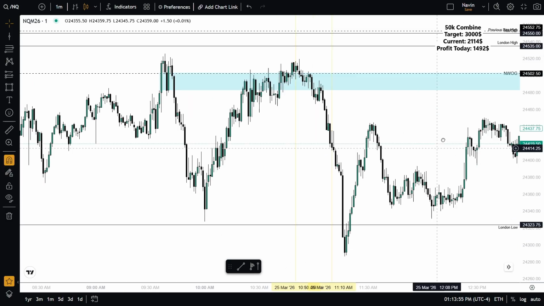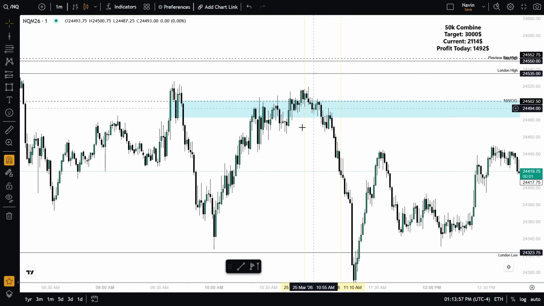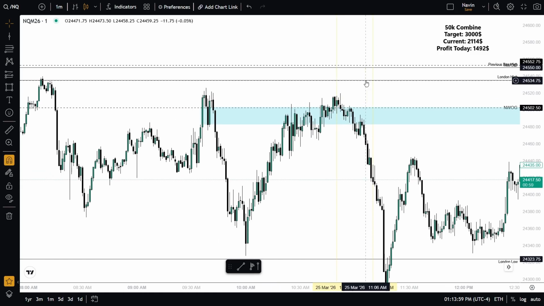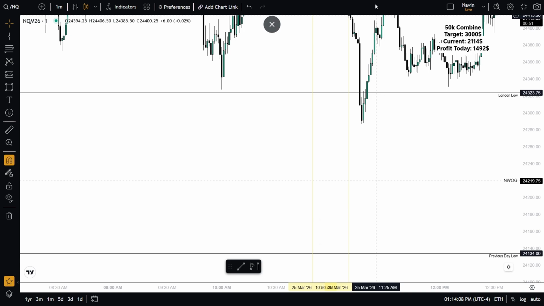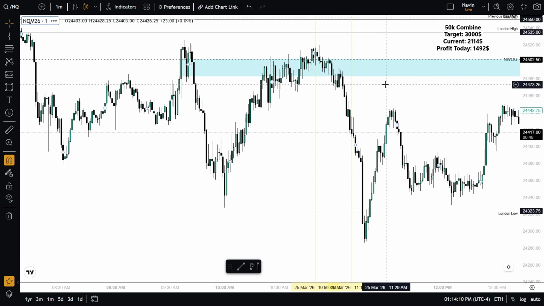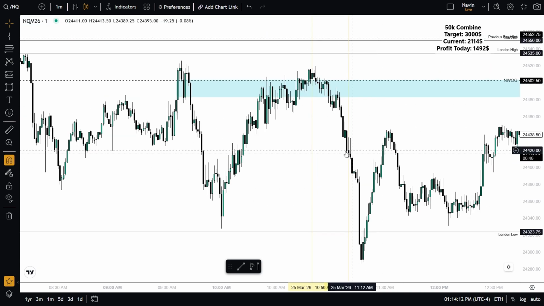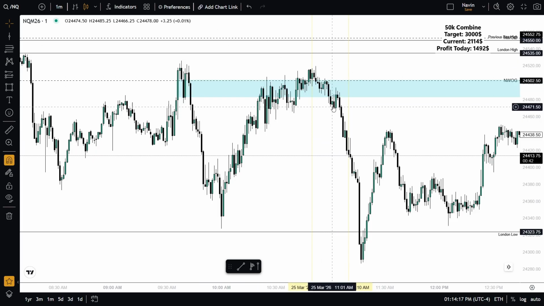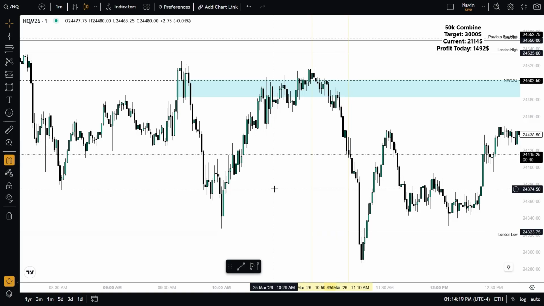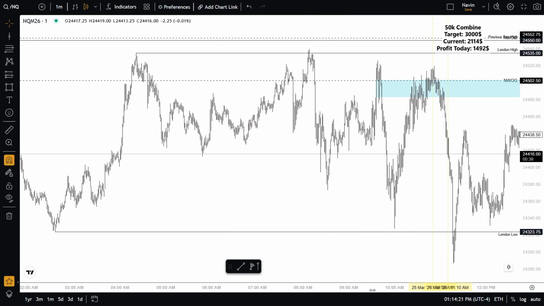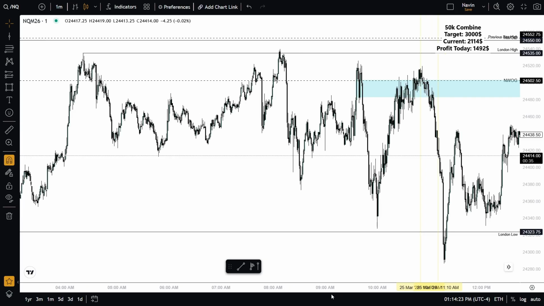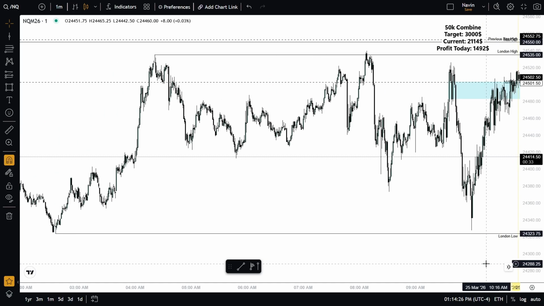I'm just waiting for this London high to be taken out again, and then most probably it will take the previous day's high and then mitigate to the previous day's low, I thought. But price completely denied me in this first presented fair value gap and showed promising price action towards the downside, which intends the London lows, and it also formed relatively equal lows, as you can see here.